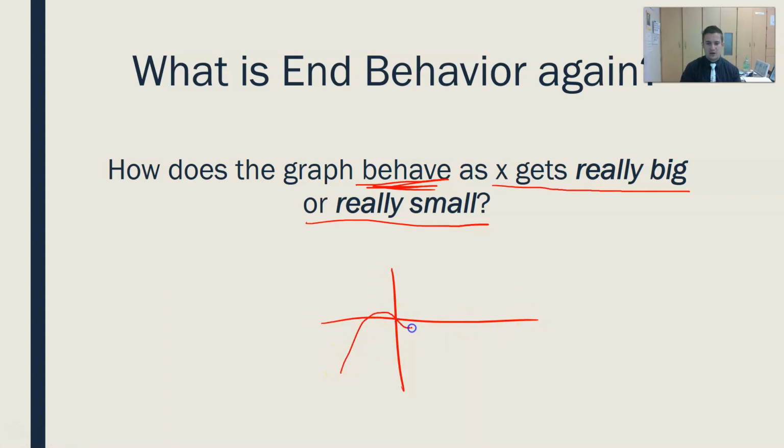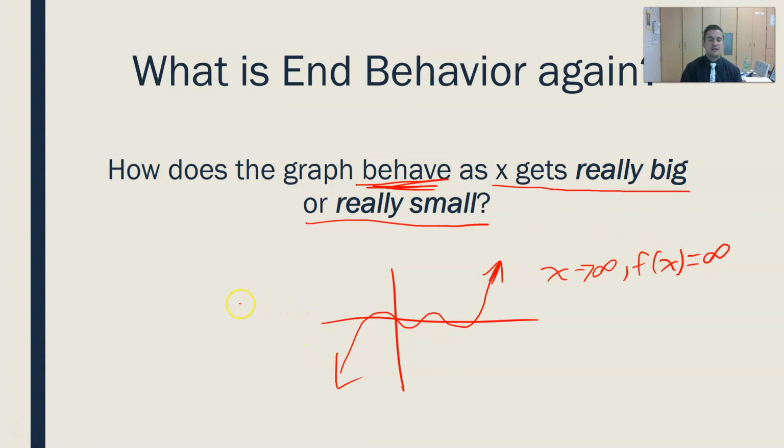I'll have a graph like this, and I said as x goes to infinity, or as x goes to the right forever and ever, what way does the function point, or where is the function going? In this case, f of x was going to infinity because it's going up forever.